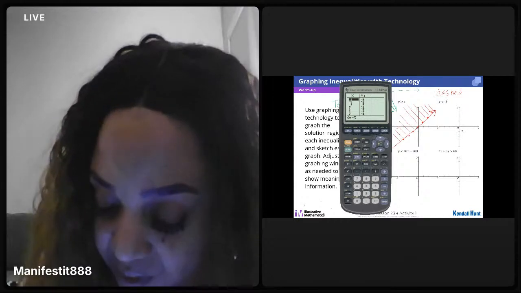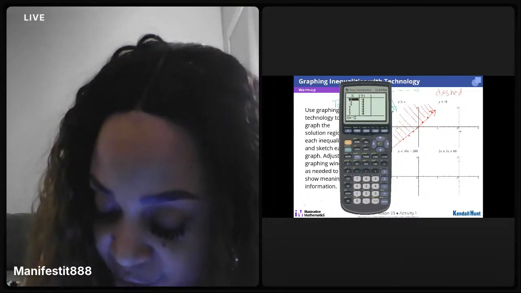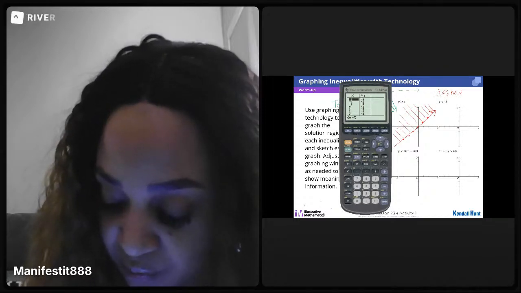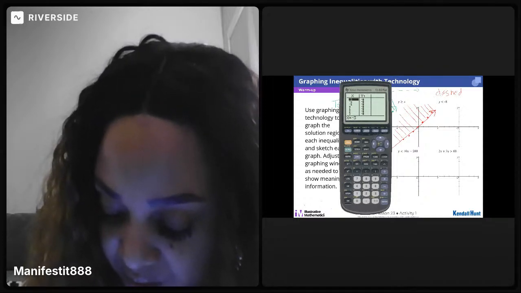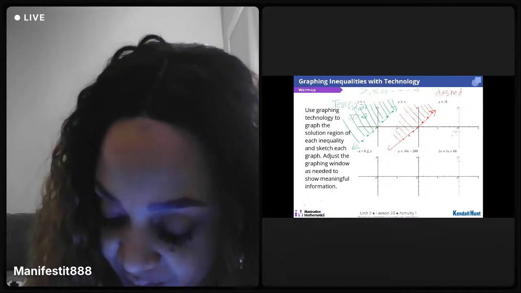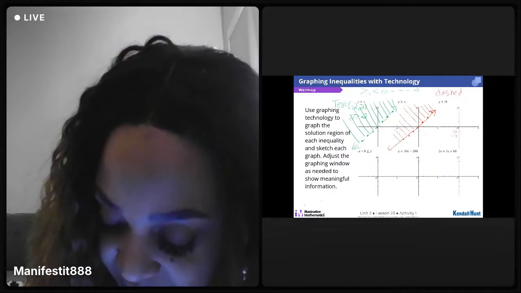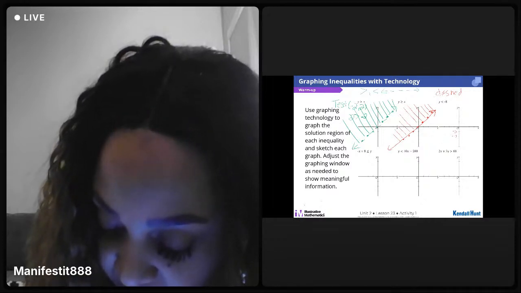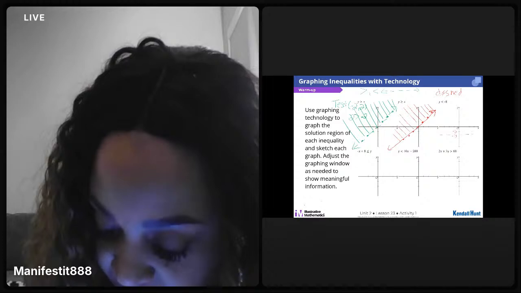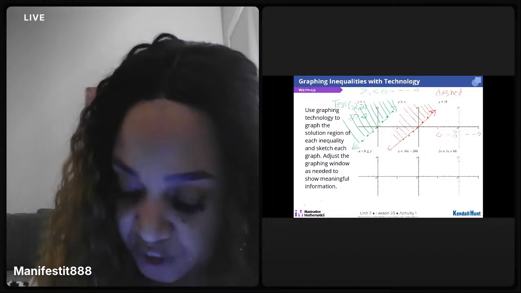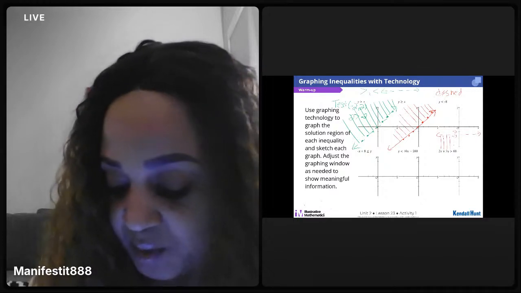Because our graph is kind of small here, let's count by 5, so -5, -10, which means -8 would fall just about right here, slightly above the -10. And then my solution region is below the line.